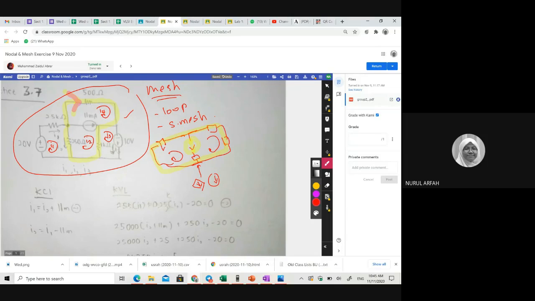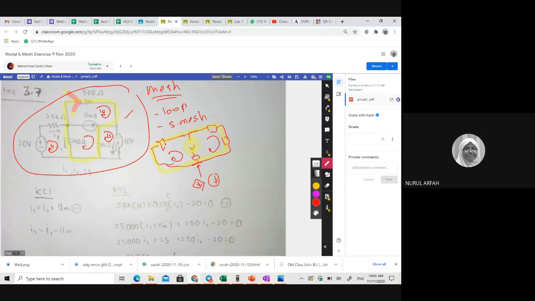Because I want to draw according to your value here. So this one is I1. It's supposed to be I1 here, minus I4. Maybe he put this one as I1. Is it? Okay, Zaidul.